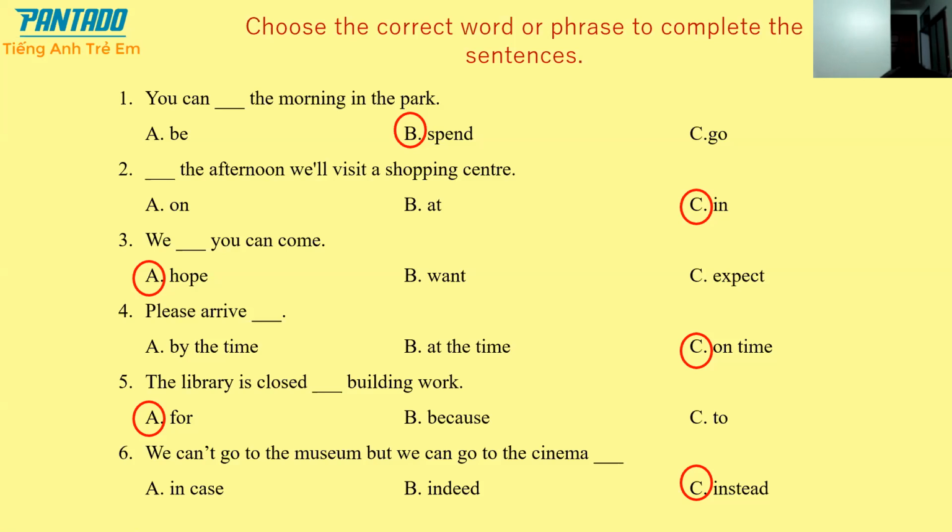Number 3. We hope you can come. Number 4. Please arrive on time. Number 5. The library is closed for building work. Number 6. We can't go to the museum, but we can go to the cinema instead.